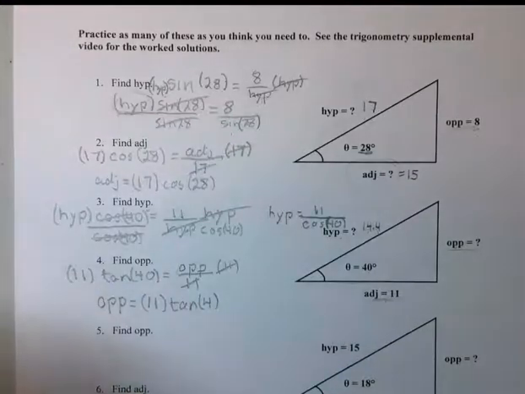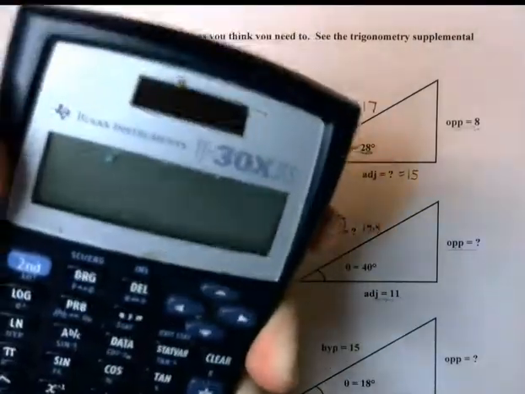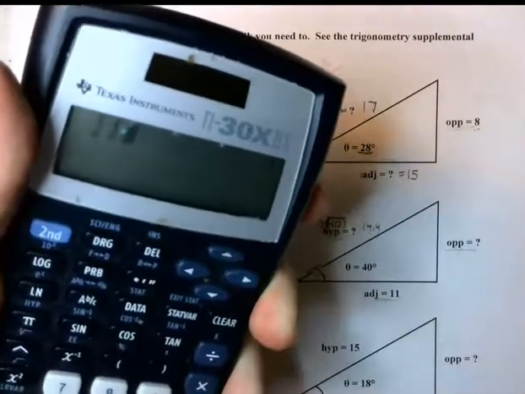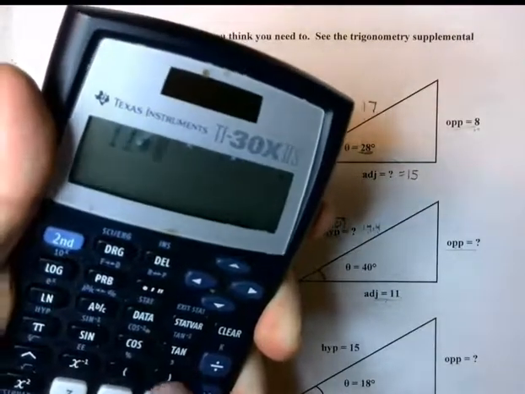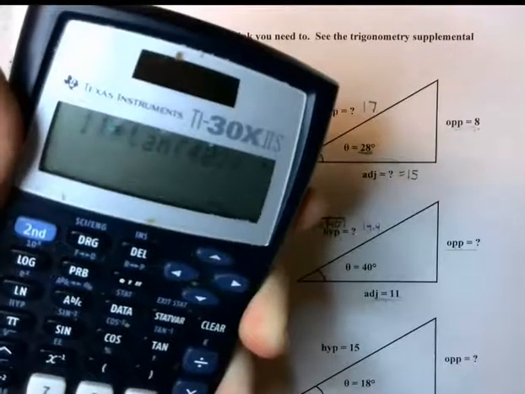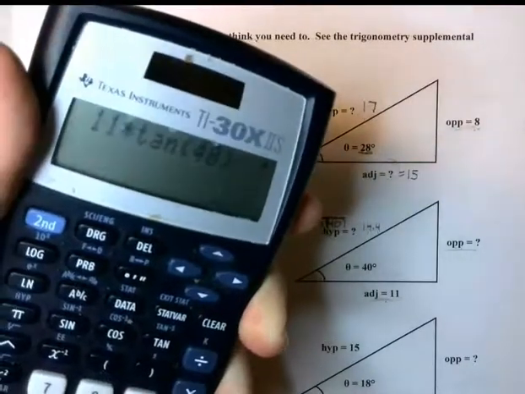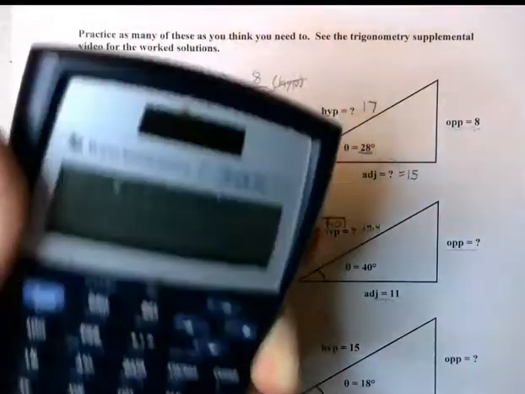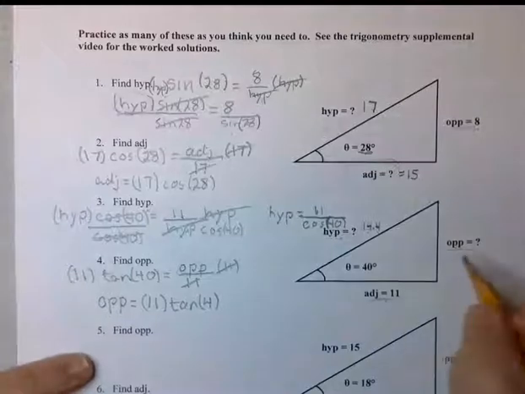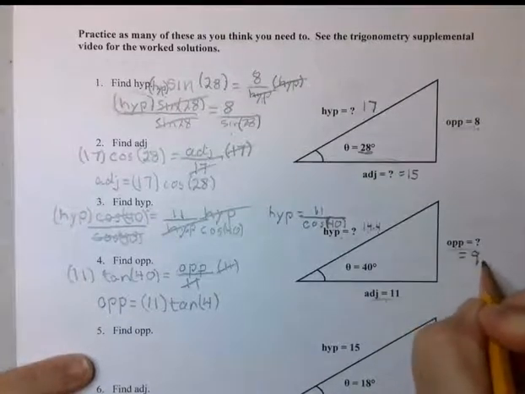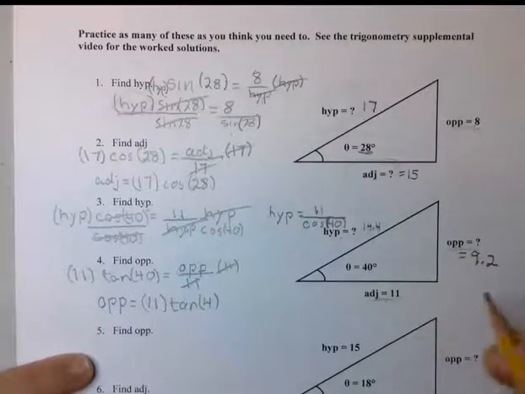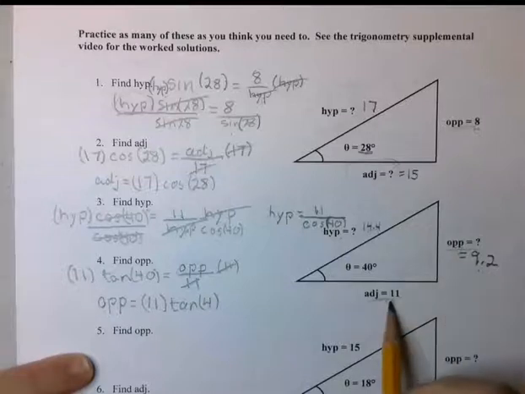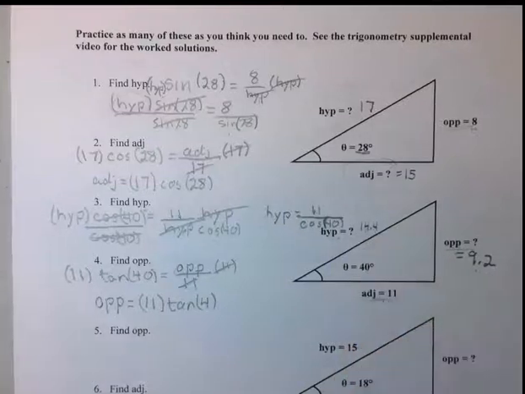All right, so let's do that on the calculator. 11 times tangent 40, close the parenthesis, and there we go. And that gives you 9.2, we'll call it. So this equals 9.2. Okay, and you can see that this is shorter than this, and this is shorter than that, and that's the way that should all work.